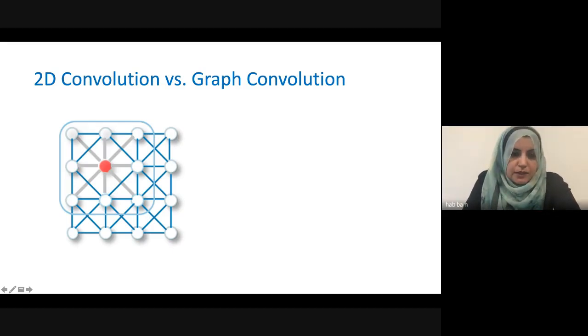Looking at this picture, we can see that it exactly looks like a graph. You have a node, which is like this red blob, and you're interested in predicting the value for it, and then you have a concept of a neighborhood of that blob, and you're using the information from the neighborhood to be able to predict better.